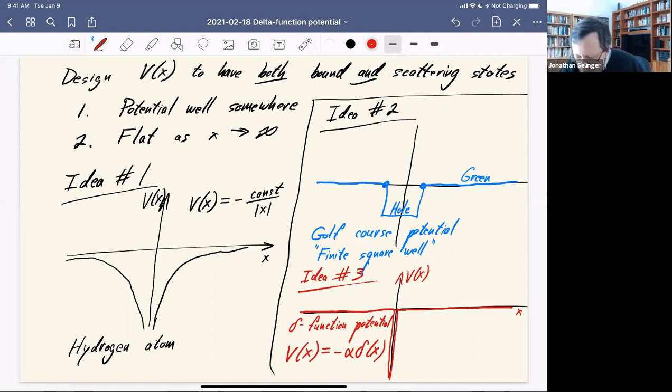Okay, so this then becomes the example that I want to try out, right? It's this limit of the golf course potential where the hole is extremely narrow and extremely deep, and it can be written as this Dirac delta function.